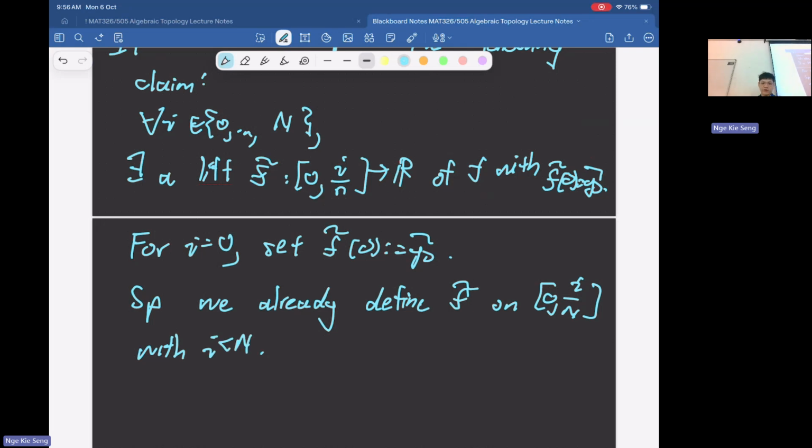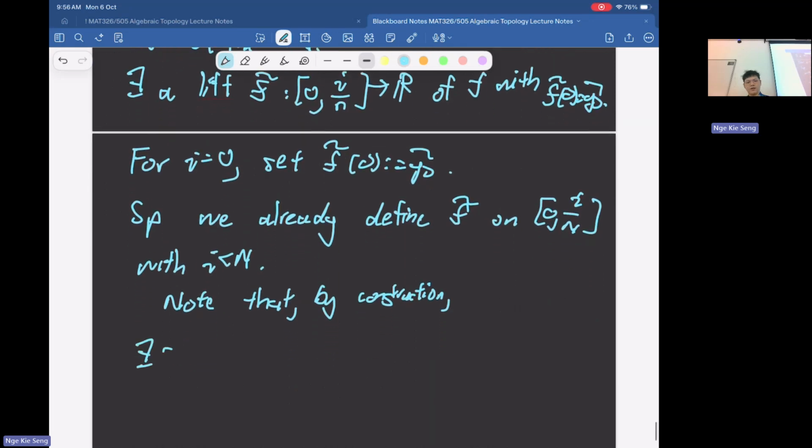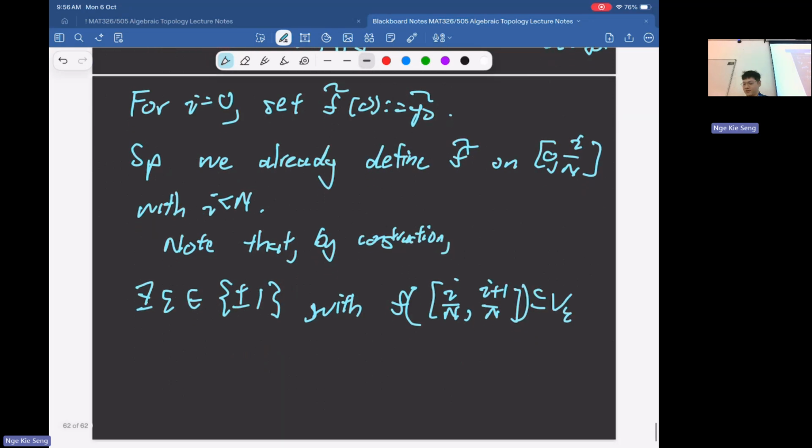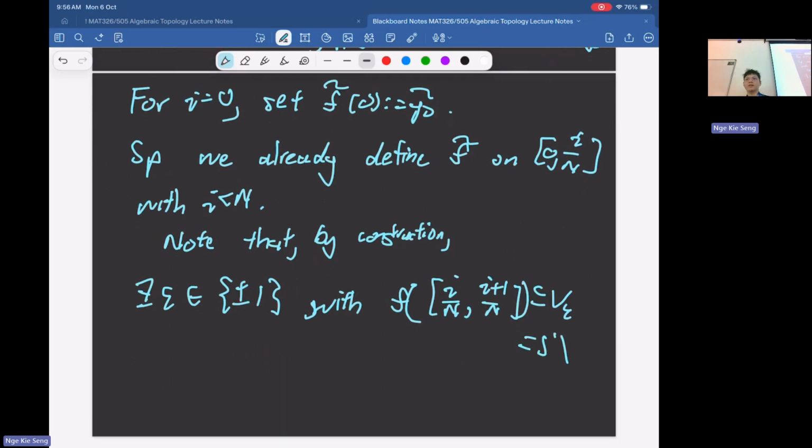By construction, the next part lives either inside V plus 1 or inside V minus 1. In particular, this V plus 1 or V minus 1 must miss at least one point: either you miss plus 1 or you miss minus 1.